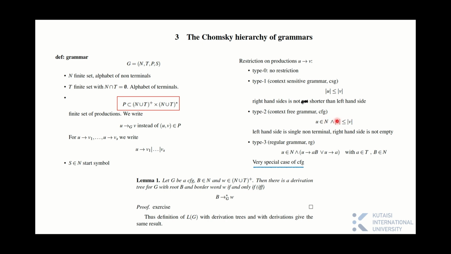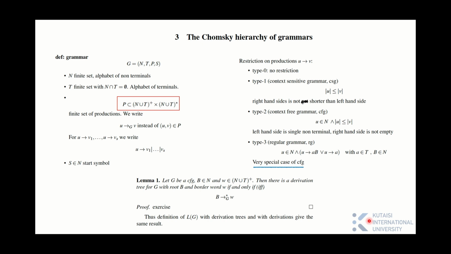If you know that the size of u is 1, the right side has to be bigger or equal to 1. And type 3, what we call regular grammars, is again a type 2 grammar, meaning you have just a single non-terminal on the left-hand side, and all the production rules are like this: a single non-terminal implies a terminal followed by a non-terminal, or a single non-terminal implies just a terminal letter. So you have only two types of production rules. It's a very special case of a context-free grammar.